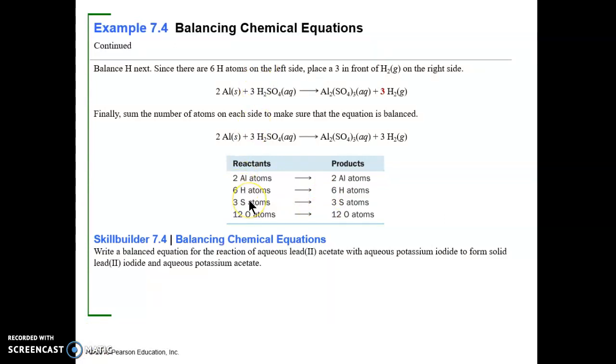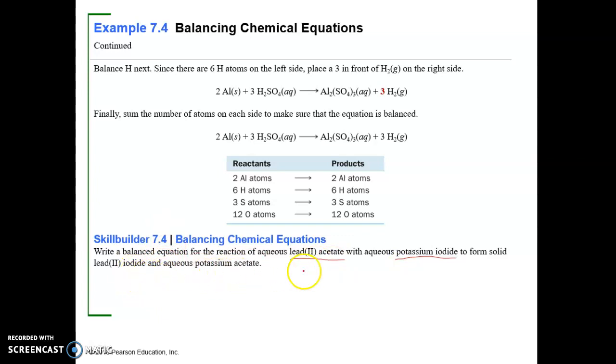In this next problem, you are going to write a balanced equation for lead(II) acetate with aqueous potassium iodide. We're going to get started on this video, but we'll finish this one on the next video.